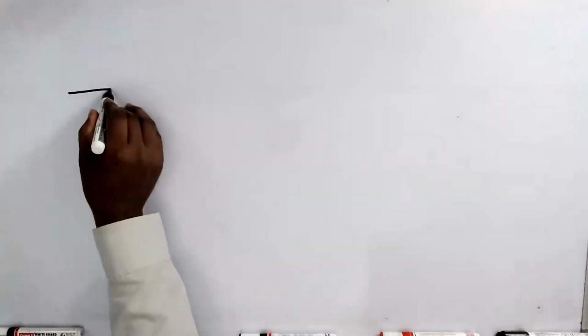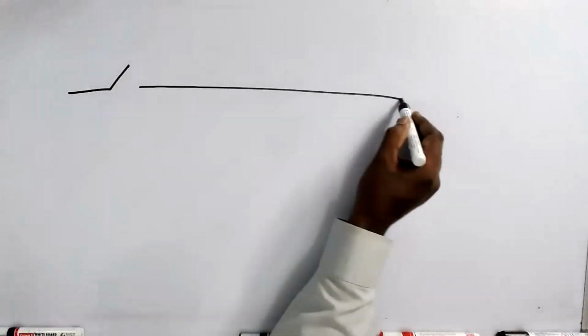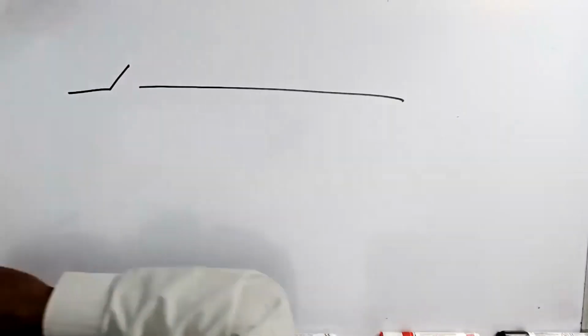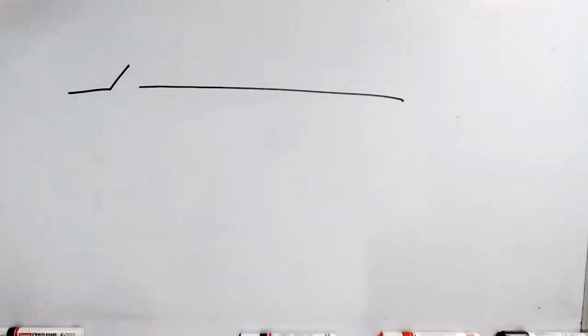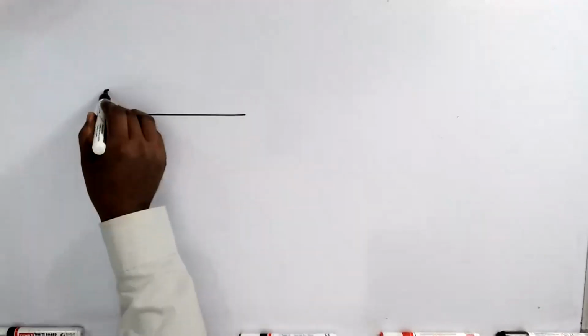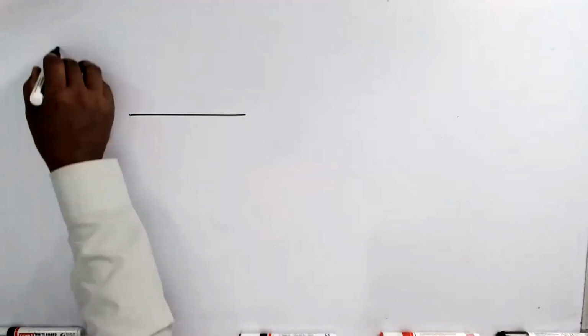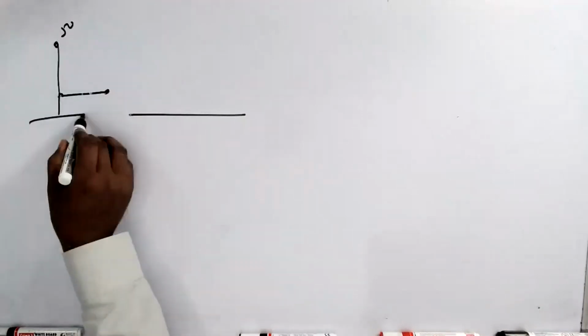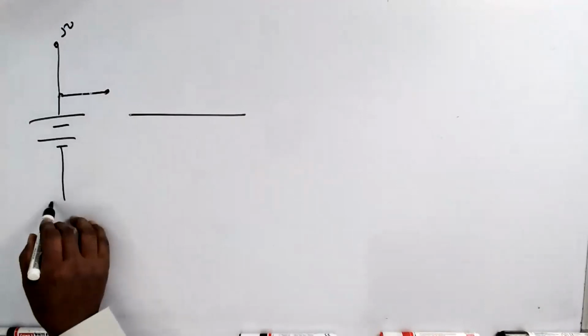A small idea of what we discussed about what PWM is. PWM is quite a simple concept. Say I have a switch, a 5-volt battery, and ground.